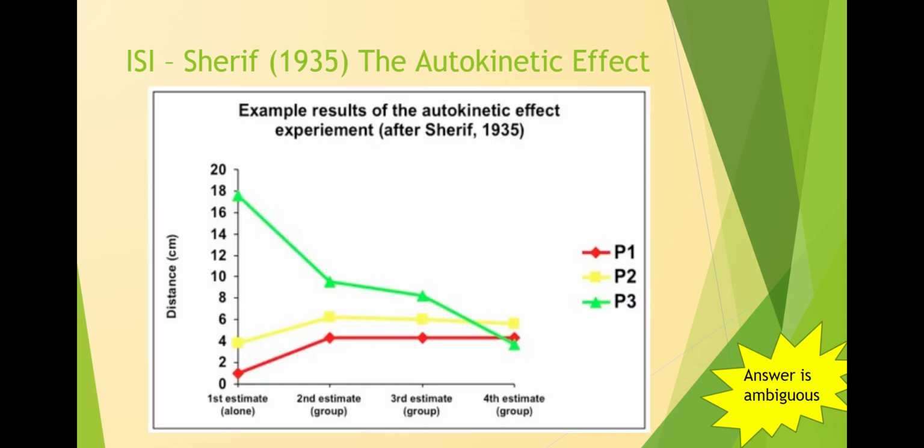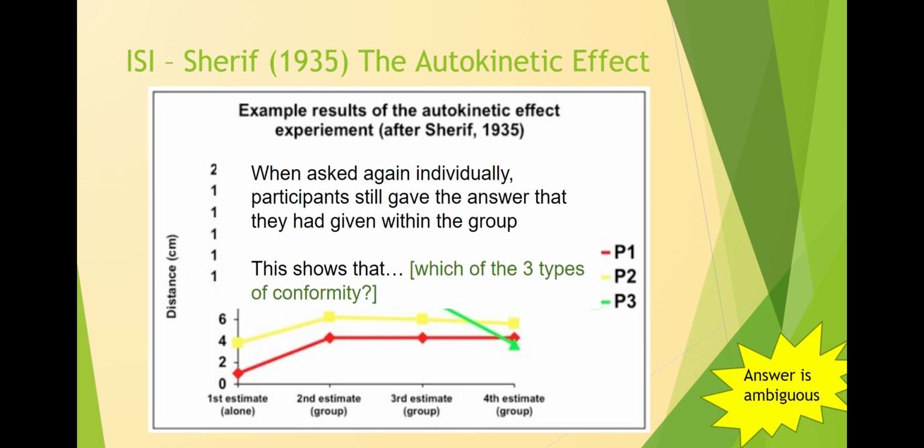Oh, there we go, you can see a little bit bigger now. The important part is when they were asked again individually, participants still gave the answer that they'd given within the group. See if you can finish the sentence, this shows that.